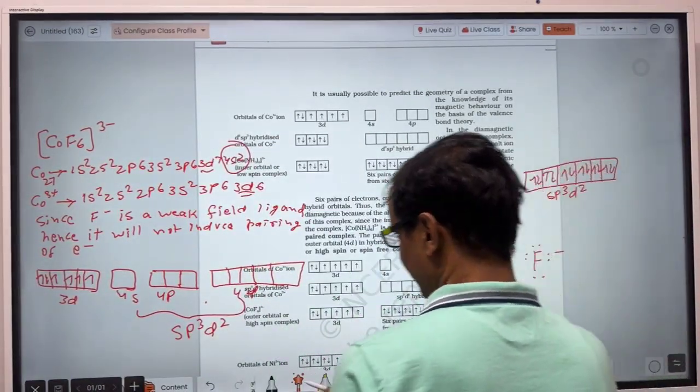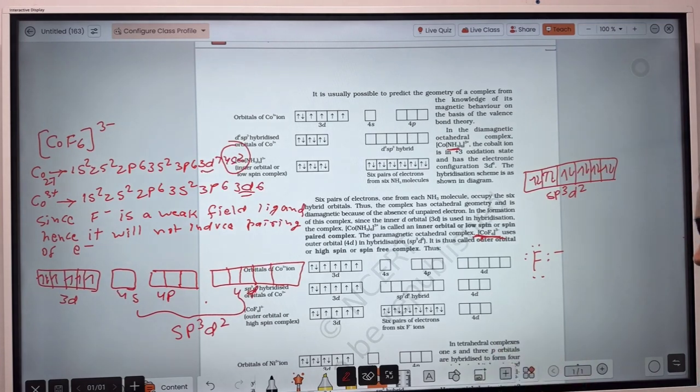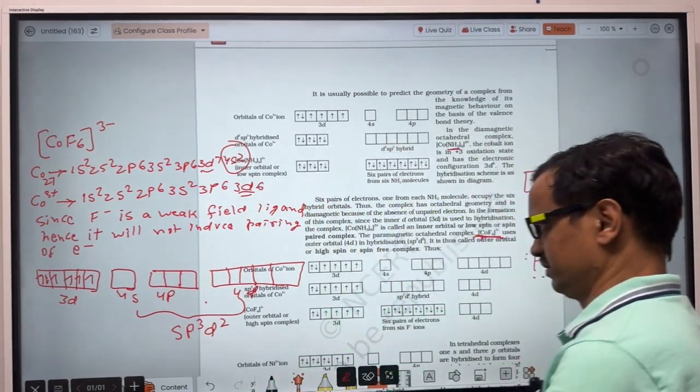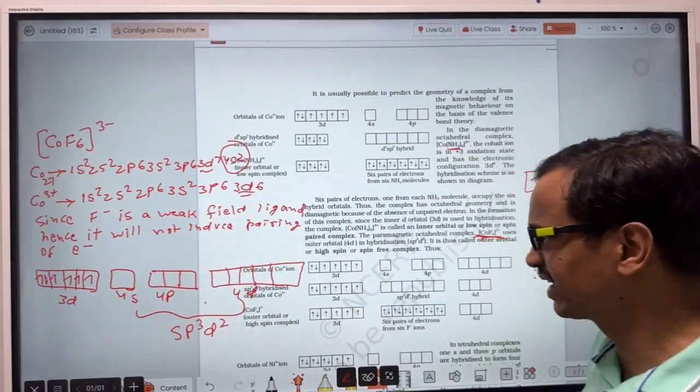So here the outer d orbital has been involved in bond formation. That's why this complex will be called outer orbital complex. Okay, and here there is already unpaired electron here, 4 unpaired electron.